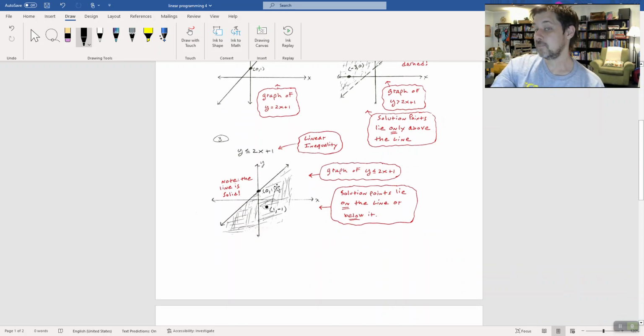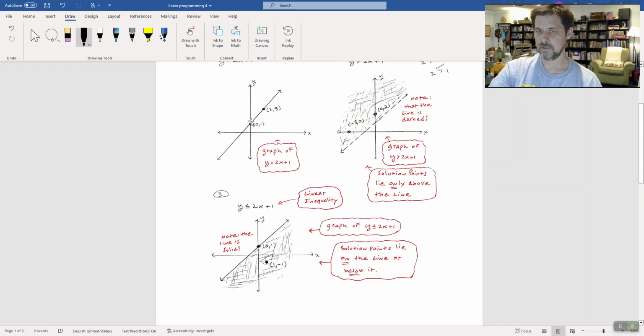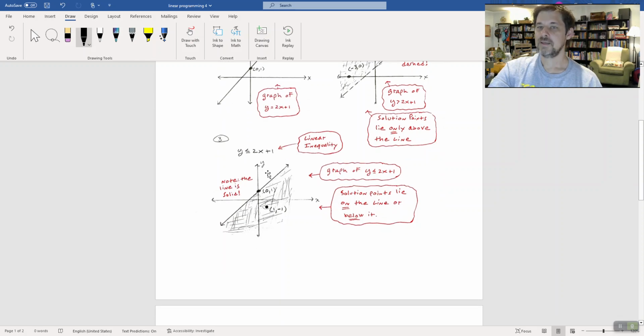Okay, with that in mind, what do you think y is less than or equal to 2x plus 1 would be? So I'd start with drawing the line, 2x plus 1, which is right here. Goes through 0 and 1 right there on the y-axis. Okay, and if this says y is less than, that would suggest that the points below it are actually where the answer is. Okay, so I've shaded all the points.